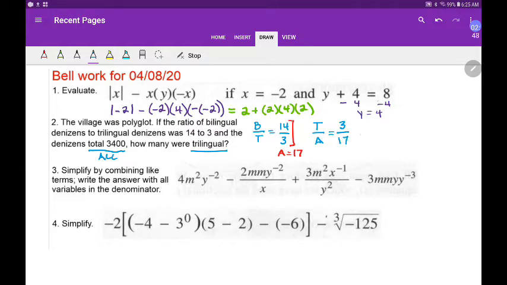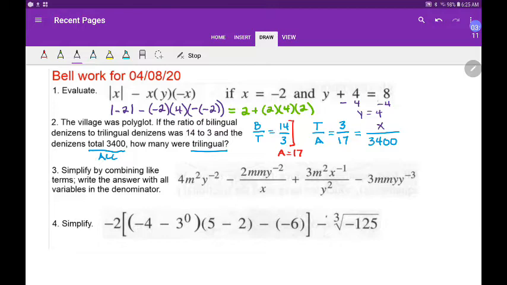And that's going to be the same thing as, let's see, all goes on the bottom, so 3,400 on the bottom. And so I know what happens in a group of 17. I get 3 trilingual. What happens when my group is 3,400? Well, I don't know that, so that's my unknown. And so unknown up here.